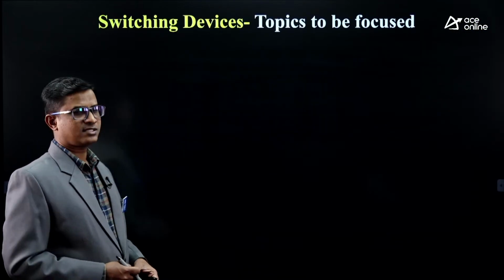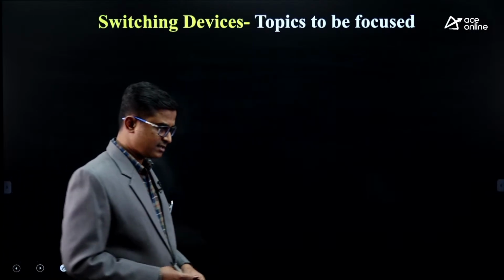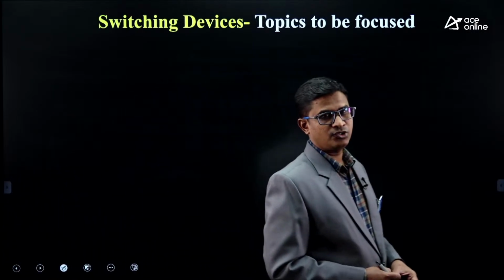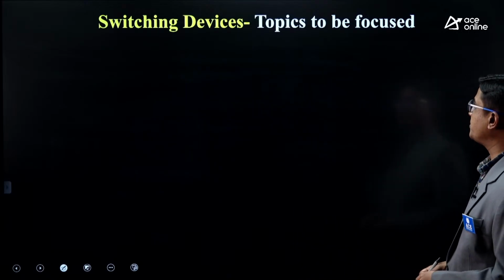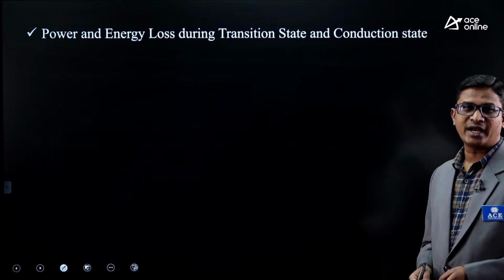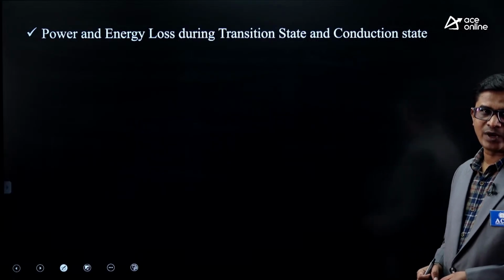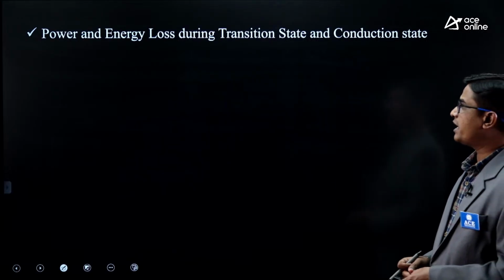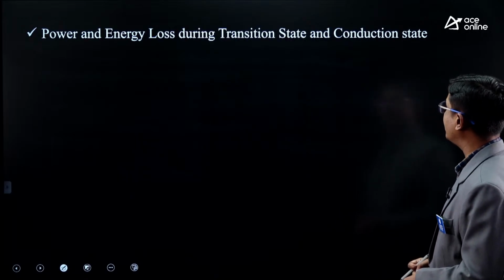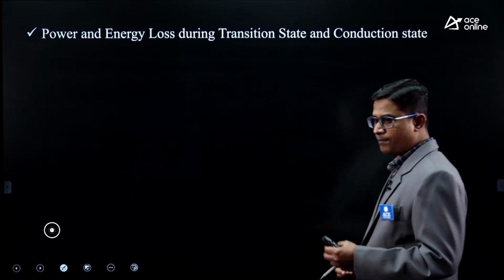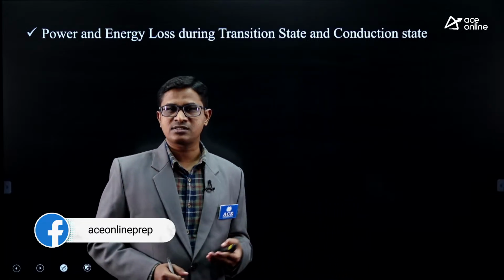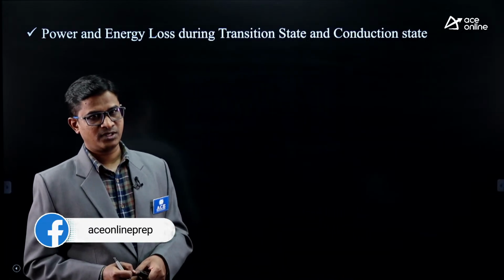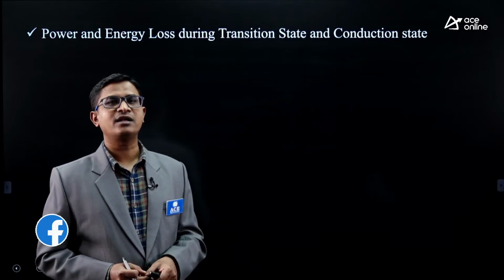Now we will discuss chapter wise which topics you should focus on. Regarding the switching devices, chapter number 1: power and energy loss during transition state and conduction state. That is average power loss, energy loss in a switching device during transition state and conduction state.